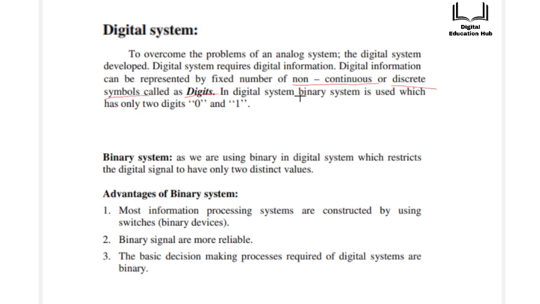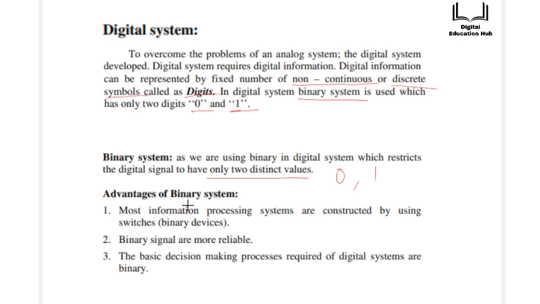In the digital number system we use the binary system, binary meaning 2, so 0 and 1. Let's understand the binary number system. In the binary number system, the digital system has only two distinct values, 0 and 1.